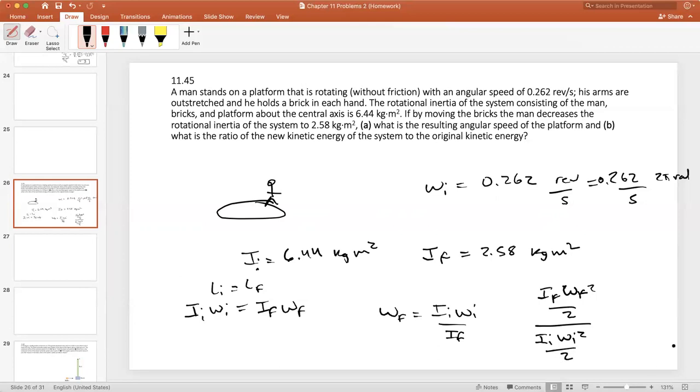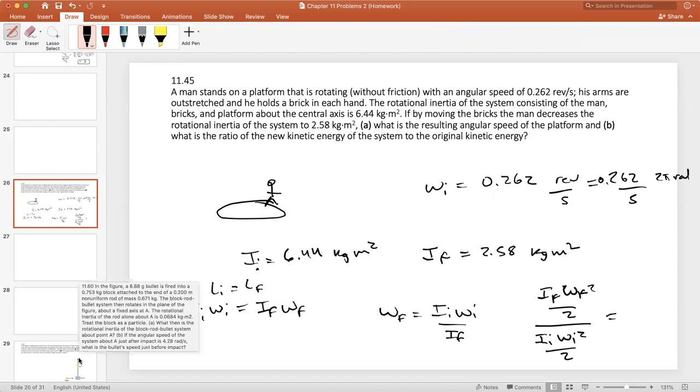You'll get this ratio right even if you don't convert to radians, because the 2 pi squared is going to cancel in both. So the student that contacted me had forgotten to change it to radians and didn't understand why they were getting this part wrong but this part right. You need to convert it to radians per second, not revolutions. It's one of those little unfair things that Wiley Plus does that we just have to live with.